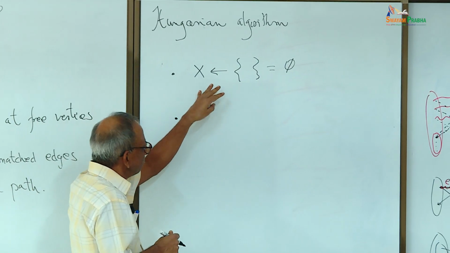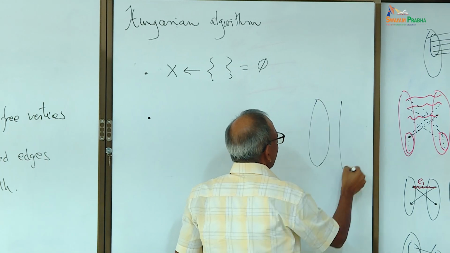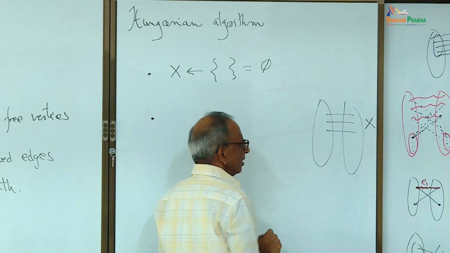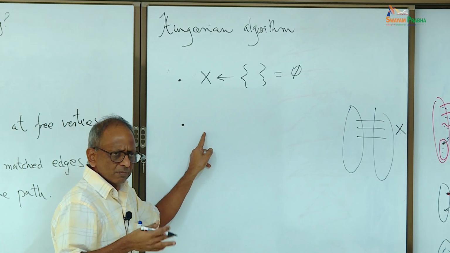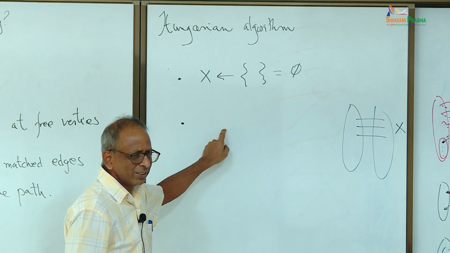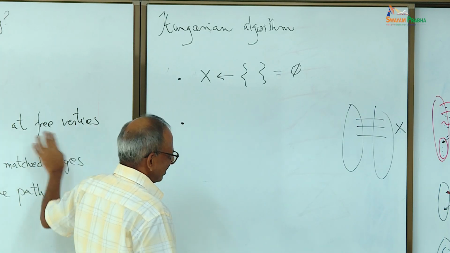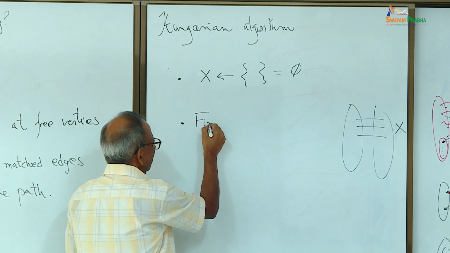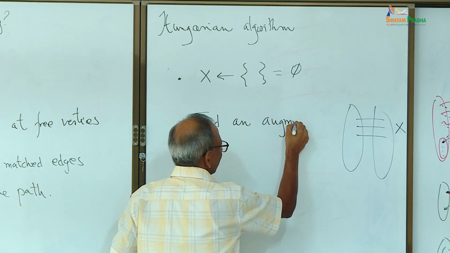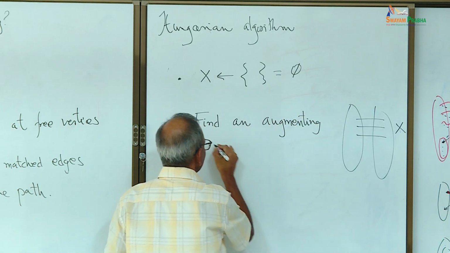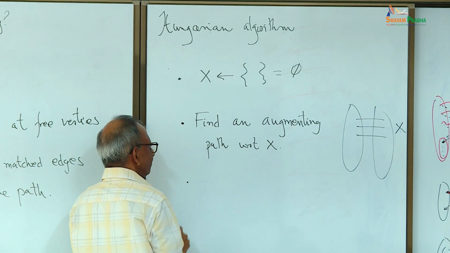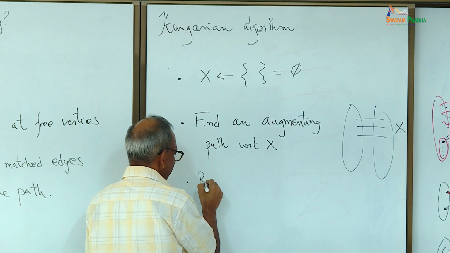Then, so we have got a current graph and there is already a matching X in it. This is my current matching, capital X. What should I do? I want to improve it.